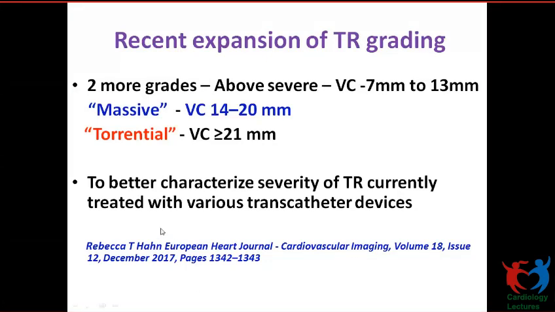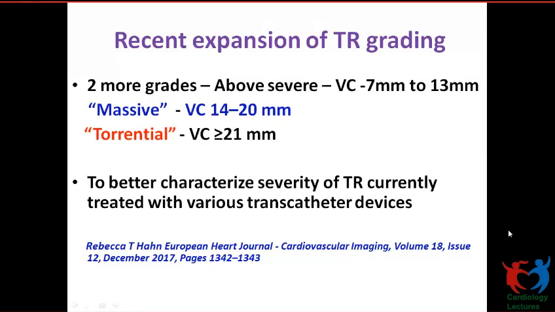This is by Hahn and Zamorano, which appeared in the European Heart Journal 2017. So they talk about this massive and torrential. We are very conservative about TR. So when do you do surgery for tricuspid regurgitation? Indications?